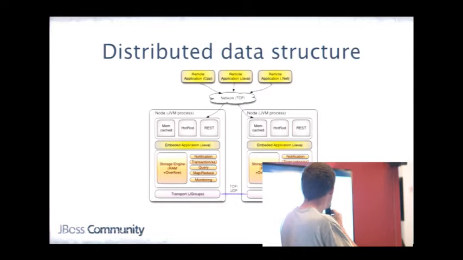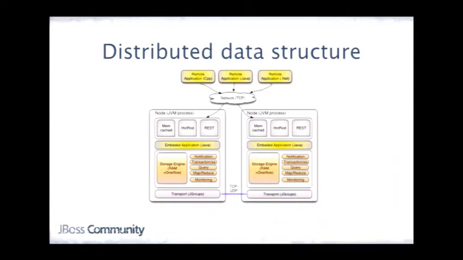So this is a high-level view of the data structure or the storage engine Infinispan has. At the transport layer, this shows a cluster made out of 2 nodes, 2 JVM processes that connect over a network, over either TCP or UDP.